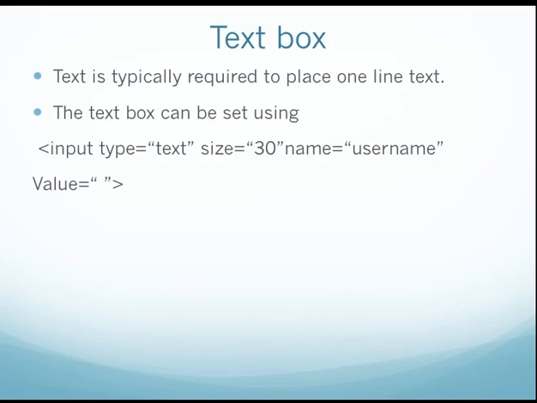So I have specified size as 30. Name, I have given a name to my text box as username. So name is equal to username, and value is equal to blank. Since I have kept the value blank, I can enter the value at runtime when I run my code. Now let's see the example of how actually a text box is created. So let's move on to the next slide.